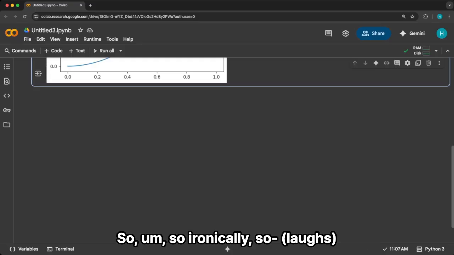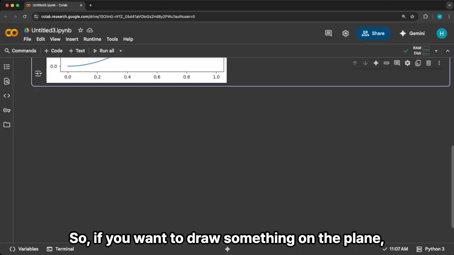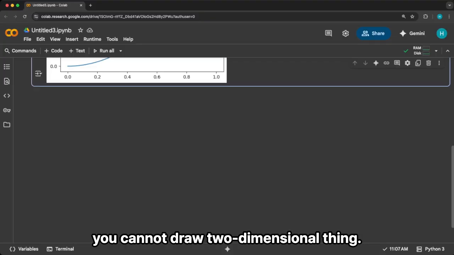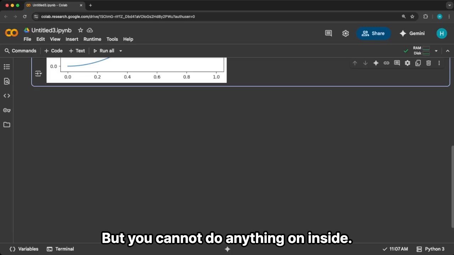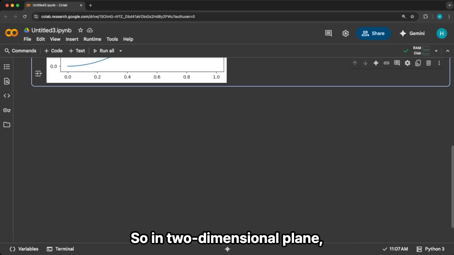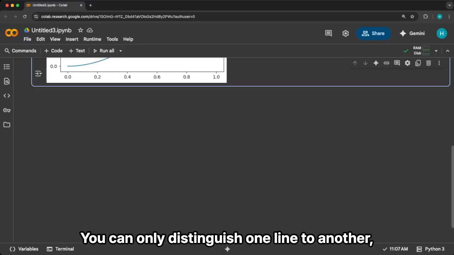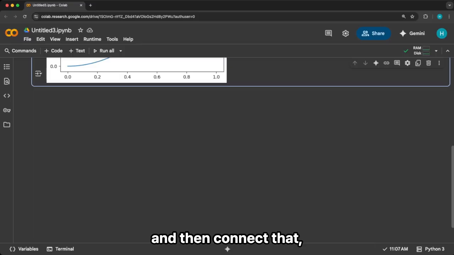Ironically, there's some funny thing I'll just mention about this. If you want to draw something on the plane, you cannot draw a two-dimensional thing. Well, you can draw the boundary of a two-dimensional thing, right? But you cannot do anything on the inside. So in a two-dimensional plane, what you can really distinguish is the line. You can only distinguish one line from another, and then connect these lines to make a shape.